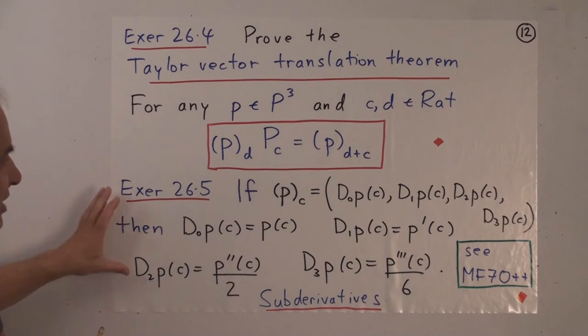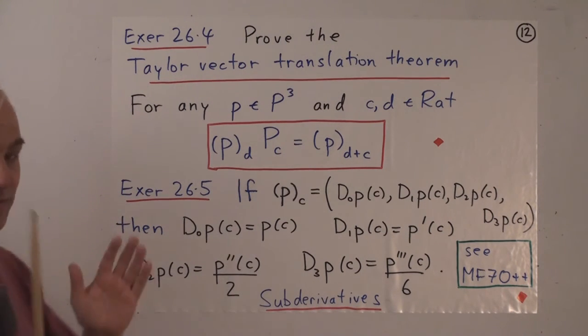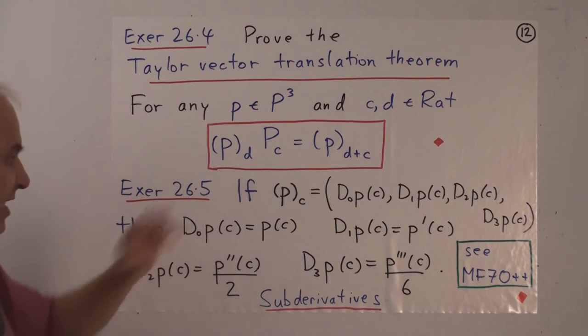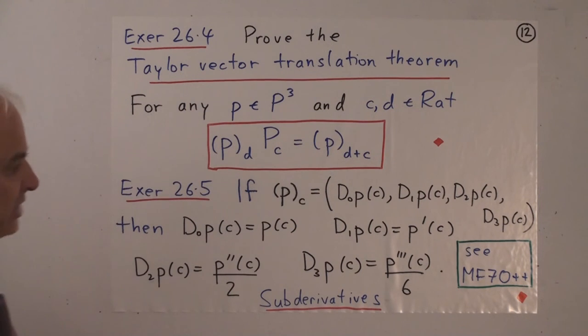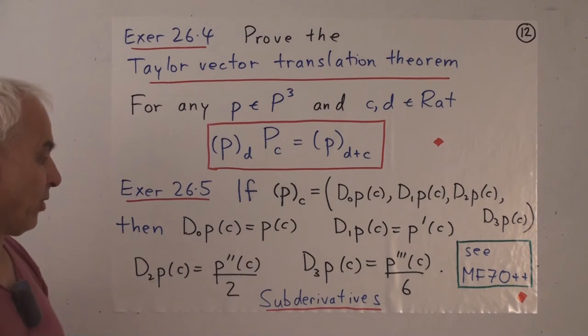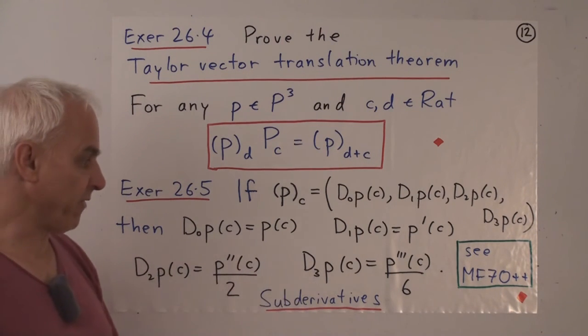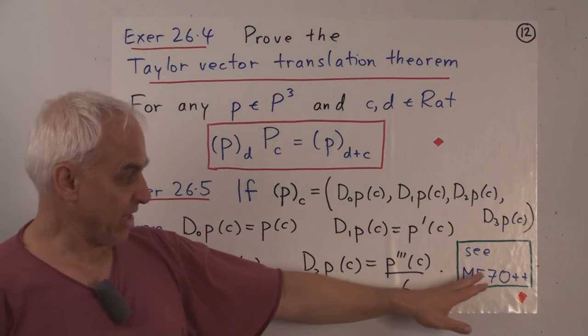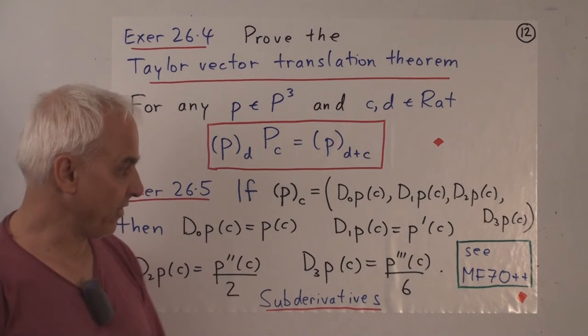And then our final exercise is to connect this a little bit with calculus. For those of you who have done calculus; if you haven't done any calculus, don't worry. This connects with the Math Foundations series where I'm slowly introducing an algebraic form of calculus. In particular, in Math Foundations 70, I talk about subderivatives and things like that.